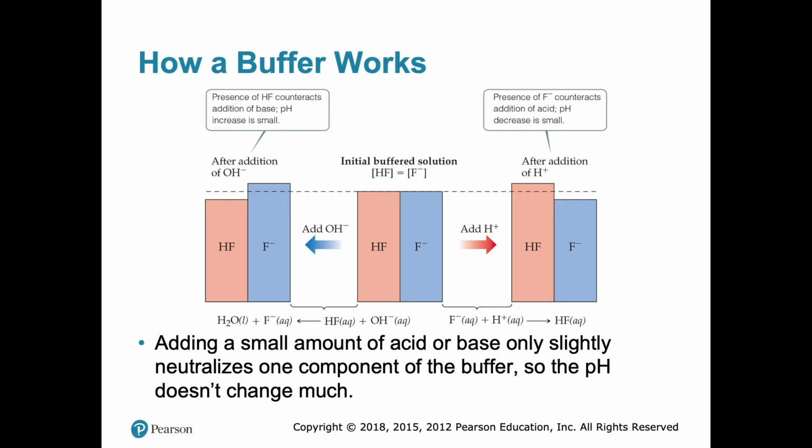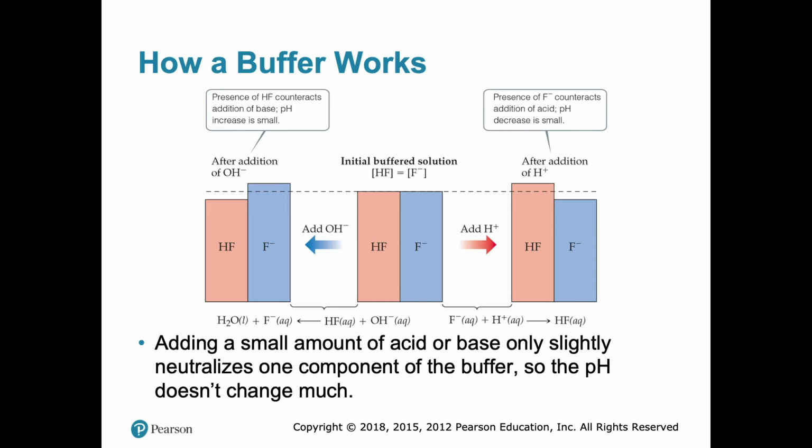And the thing that's very helpful here is that when you have a buffering system of fluoride and you add some protons, which makes things more acidic, you get more hydrogen fluoride. It used to be that the concentration of HF was equal to the concentration of the fluoride ion.